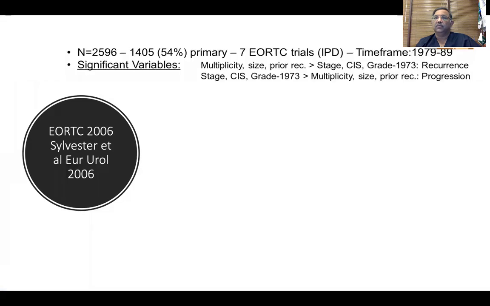In 2006, Sylvester et al. reported the first EORTC risk calculator, and it was patients who were treated from the late 70s to late 80s, and the variables were collected from over 1,400 patients treated in 7 EORTC trials.